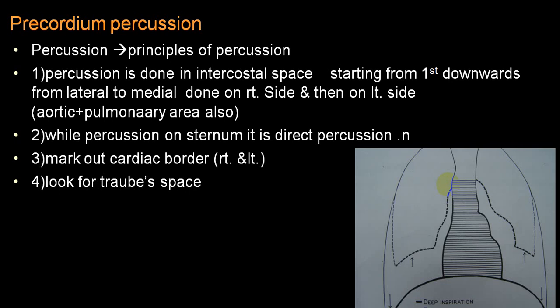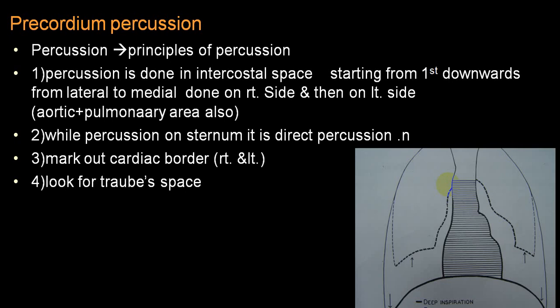The third condition which can produce an increased area of dullness on the right side is enlargement of the different chambers, particularly the right atrium. If the right atrium is massively enlarged, say in tricuspid stenosis, tricuspid regurgitation, Ebstein anomaly, ASD, you will have a very big right atrium, and that will produce an increased area of dullness on the right side.